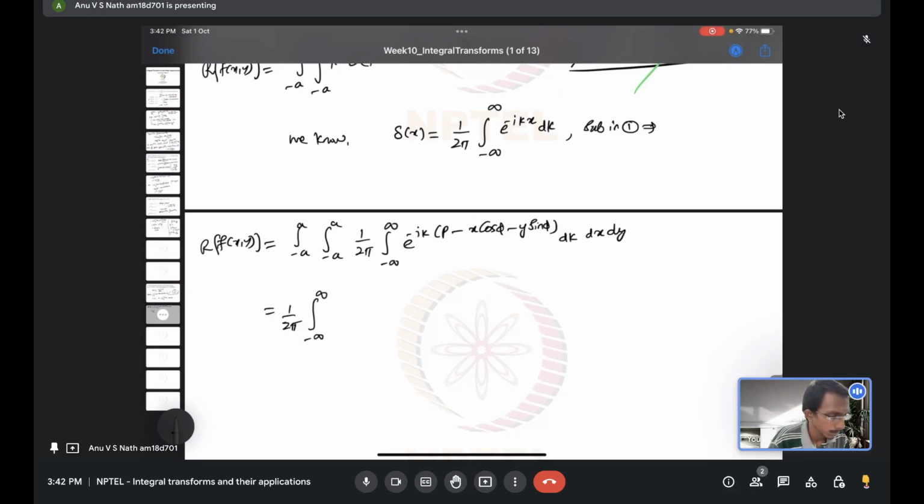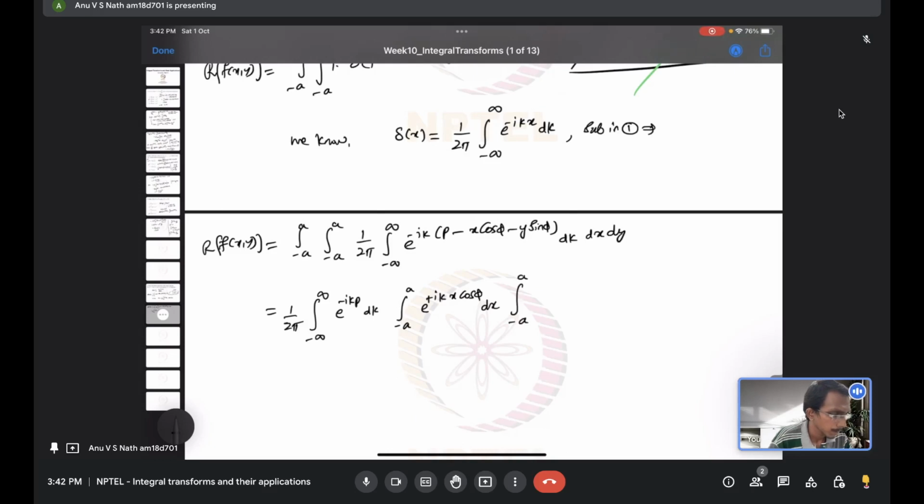Accordingly, the integrals over x and y we bring inside. Whatever is independent of x and y we can keep along with the k integral, like exponential of minus ikp dk. Then the part which contains x alone, exponential of ik x cos phi dx, and another integral which depends only on y, exponential of ik y sin phi dy.